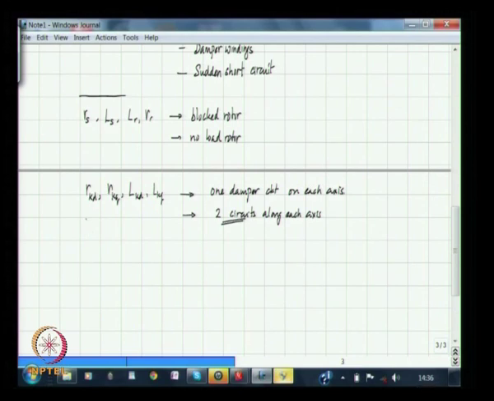So if we are going to have two, then you will have RKD1, RKQ1, LKD1 and LKQ1. Similarly you will have RKD2, RKQ2, LKD2 and LKQ2.